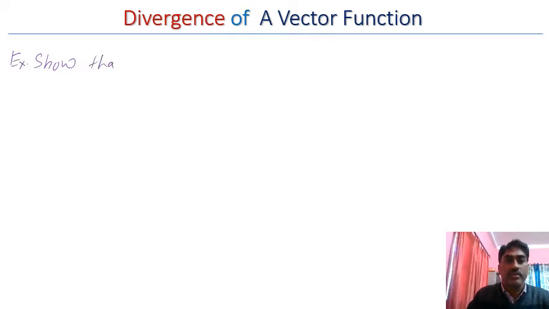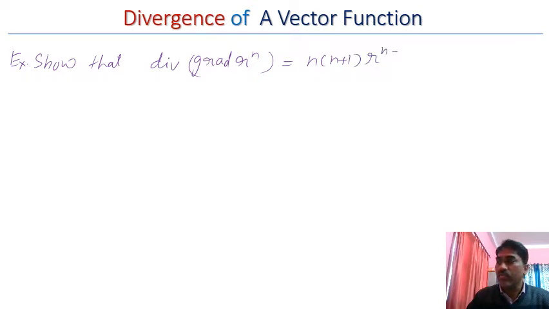So now, the divergence of grad r^n is equal to (n plus 1) r^(n-2), where r is the position vector xi plus yj plus zk of some point x, y, z.